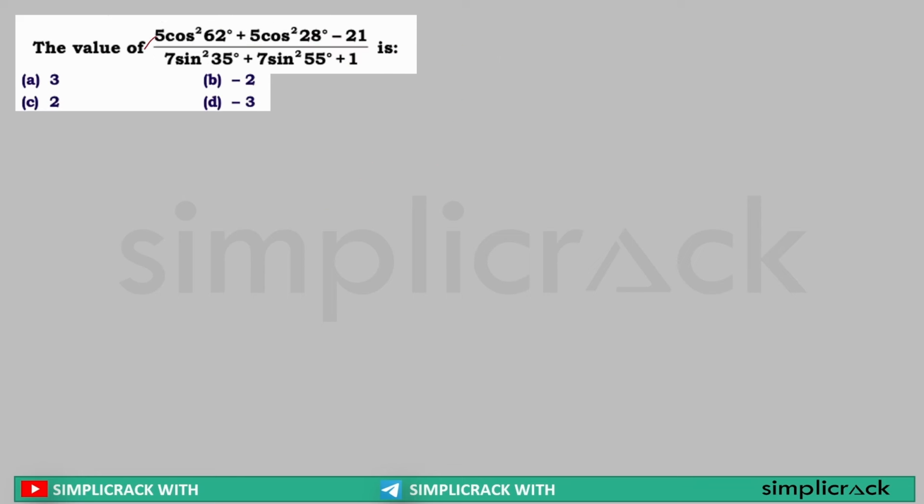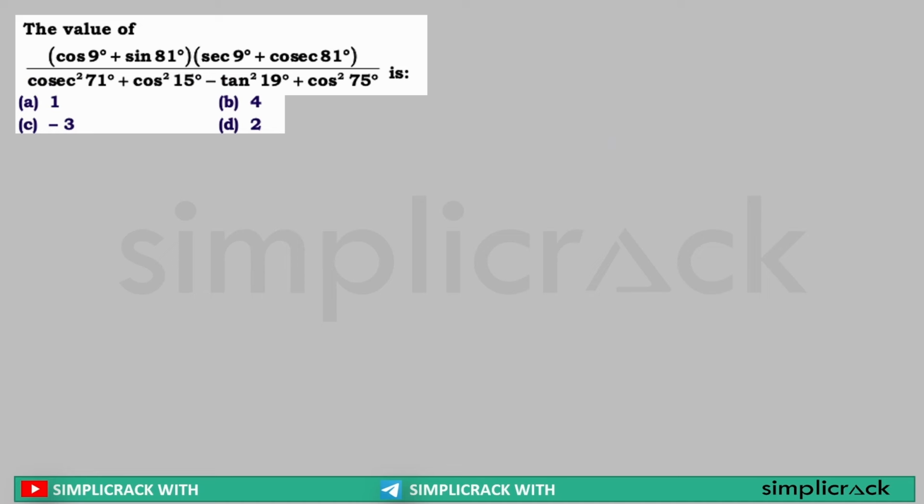Yeah, this question has been repeated, so leave it. So it is saying cos 9 plus sin 81, sec 9 plus cosec 81, cosec square 71 degree plus cosec square 15 degree minus tan square 19 degree plus cos square 75 degree. What is its value?